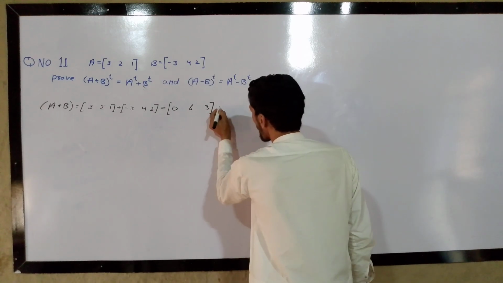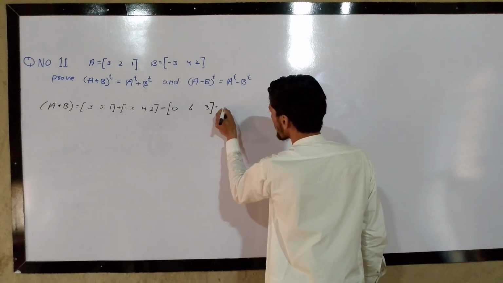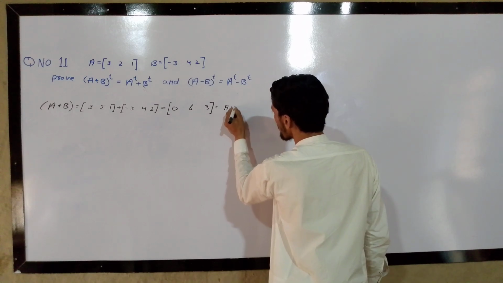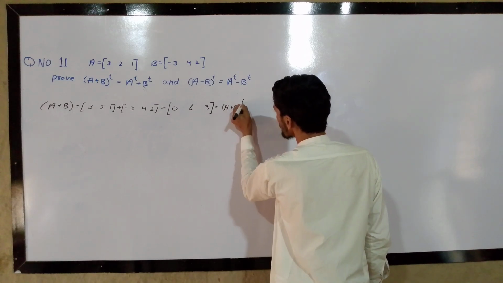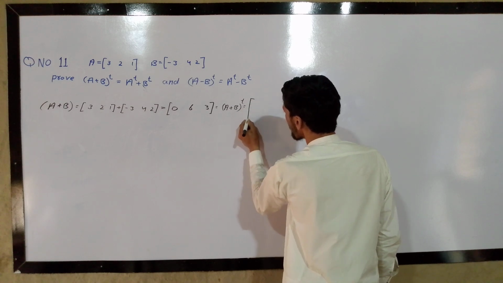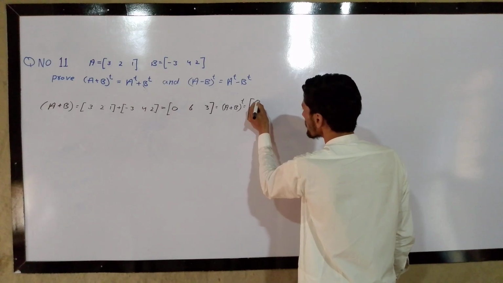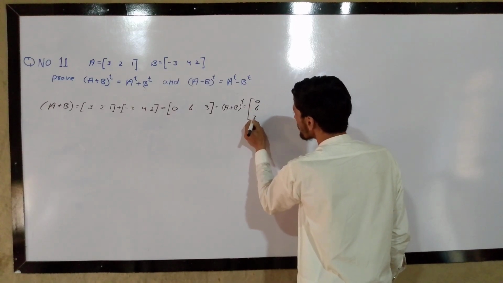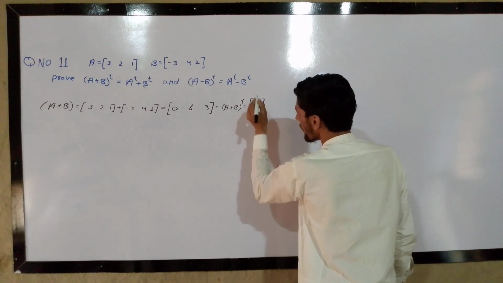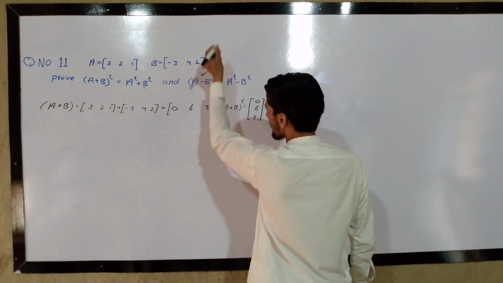Now taking the transpose of it, (A plus B) whole transpose, the row will be changed to column. So 0 6 3. We have found this one.